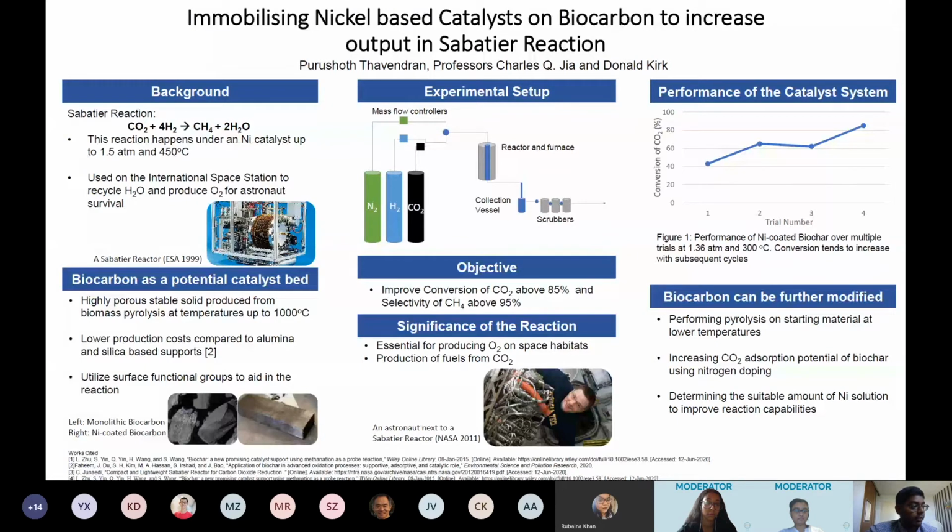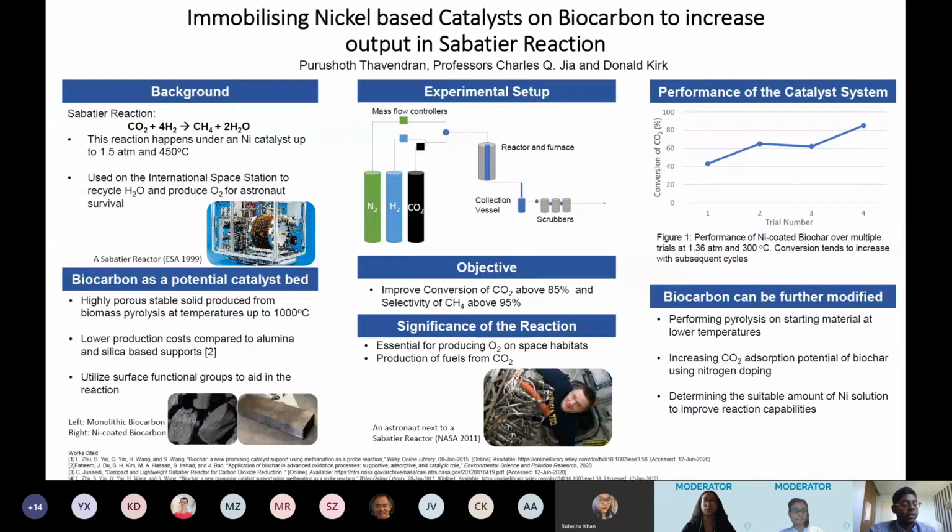So in the photo here you see that it's pretty much a solid structure, and it appears to be uniform. However, within the structure itself, there are many pores varying in size from 0.7 to 2 nanometers, and this allows for the active metals to anchor inside these pores and help facilitate the reaction much better.